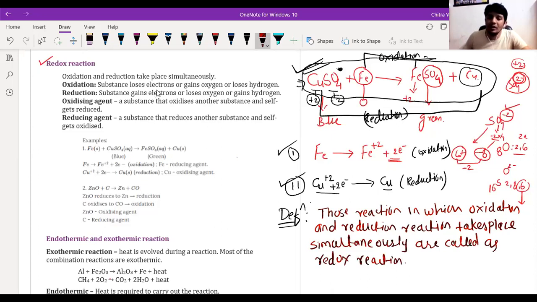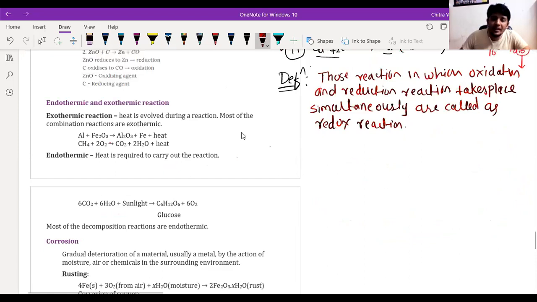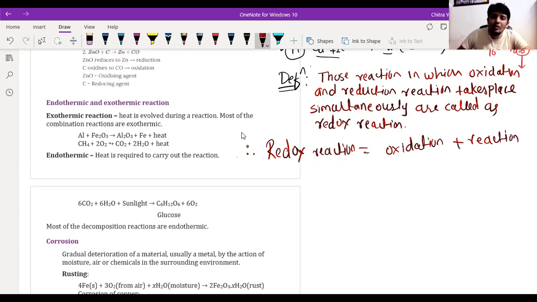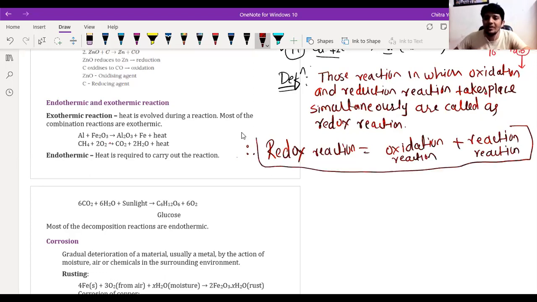Therefore, we can write redox reaction equals oxidation plus reduction reaction, or we can say oxidation reaction plus reduction reaction. Okay, so this is nothing but the redox reaction.